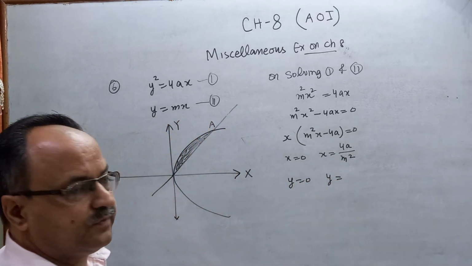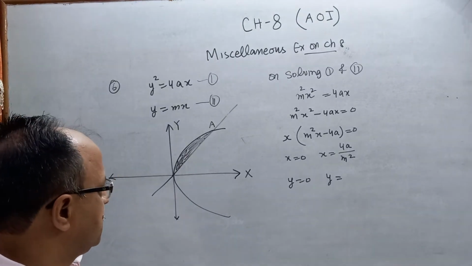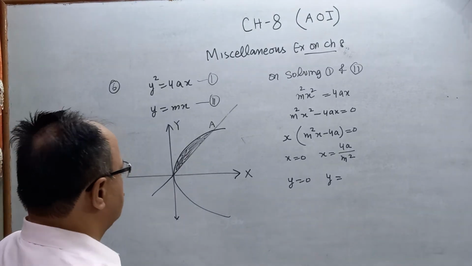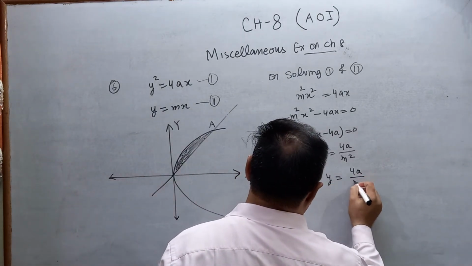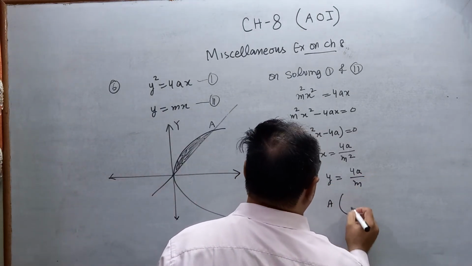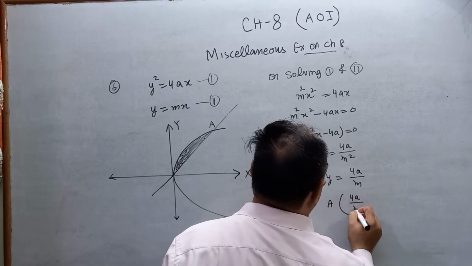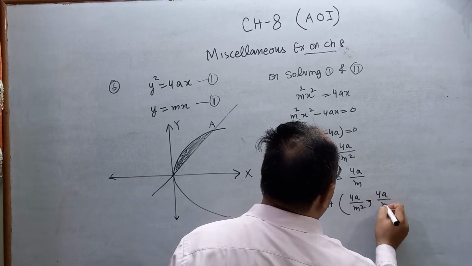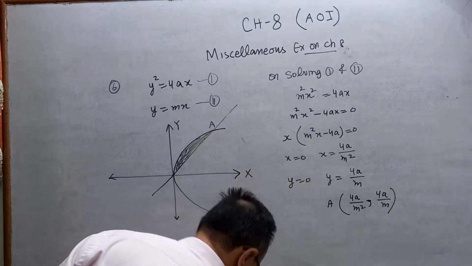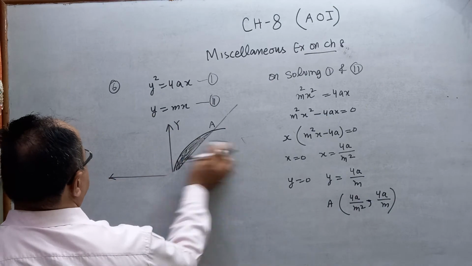If x is equal to 4a upon m square, then the value of y is 4a upon m. Therefore, the coordinate of A is 4a upon m square comma 4a upon m.